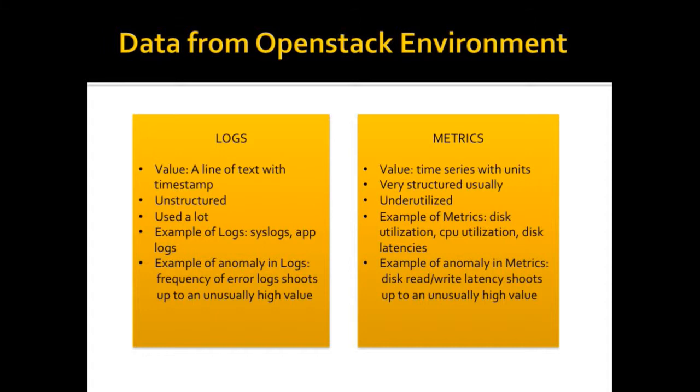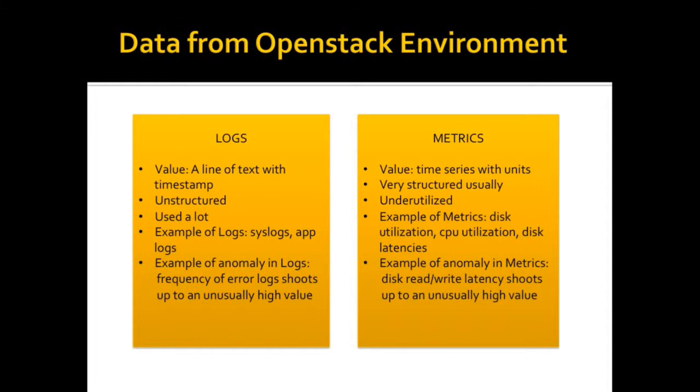On the other hand, you have metrics. So what are metrics? These are basically time series. So you will have some numerical value which is changing over time. These are very structured data. Examples would be your CPU utilization changing over time, your disk latencies or utilization changing over time. All these are examples of metric data.